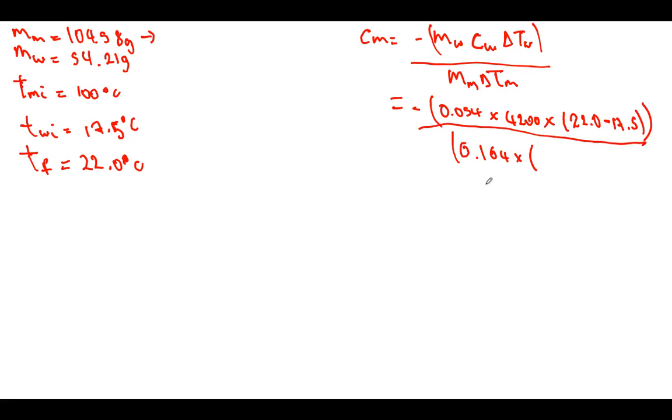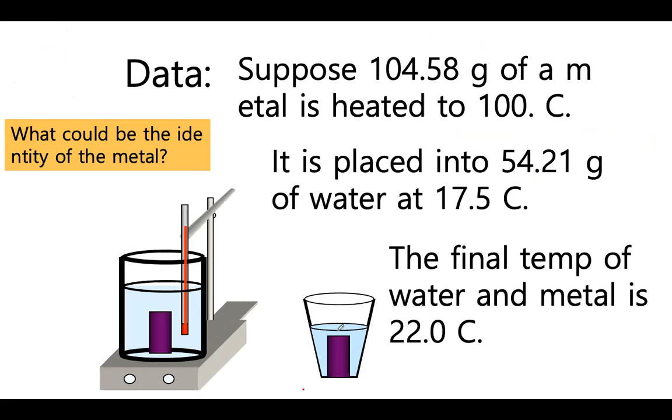100 degrees Celsius? No, that was the initial temperature. What's the final temperature? Remember, we place both of them in the same calorimeter and wait for the temperature to reach equilibrium. So the metal and the water would have the same temperature, 22 degrees Celsius.